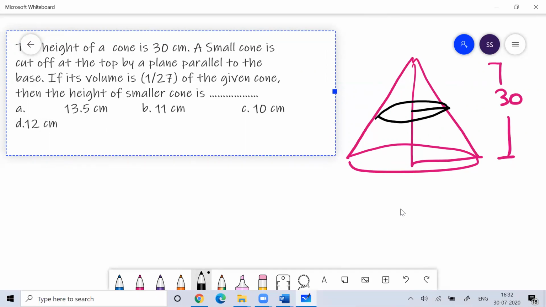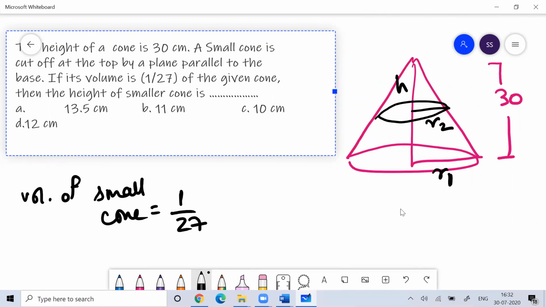So you can suppose this radius is R1, this is R2, and this is H, because the bigger one is given as 30. So the volume of the smaller cone is 1 by 27th of the volume of the large cone.